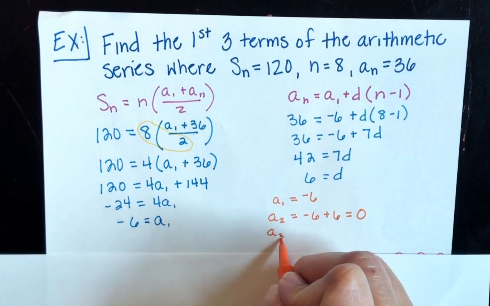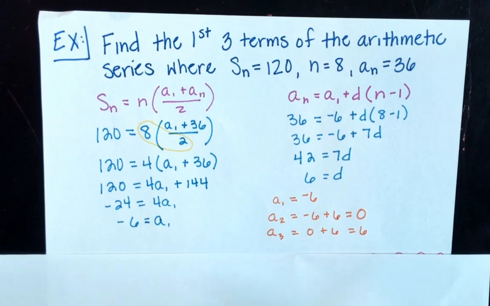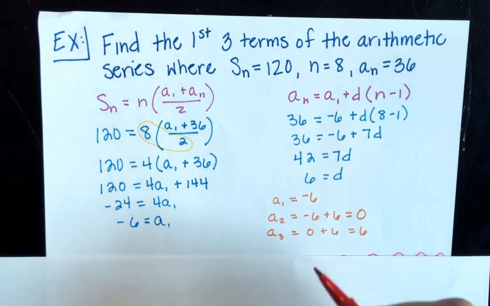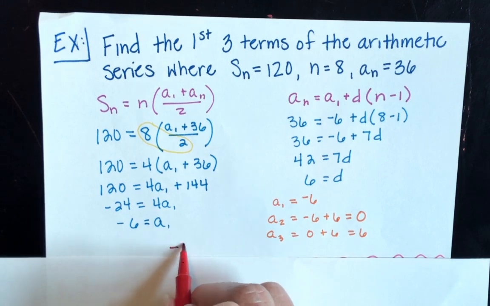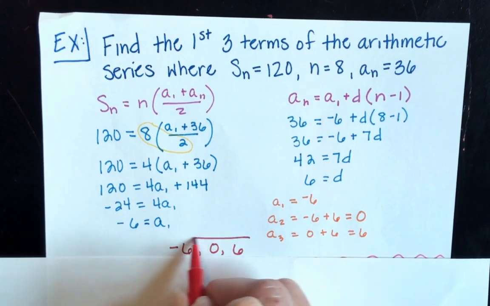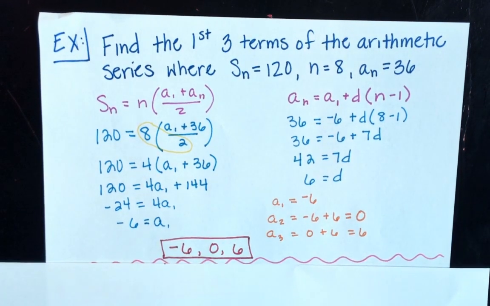Our A sub 3 is 0 plus 6, so that gives us 6. And we could go on and on and on if they would have asked for the first 5 terms. So when we write our answer, the first 3 terms are -6, 0, and 6. We're done.